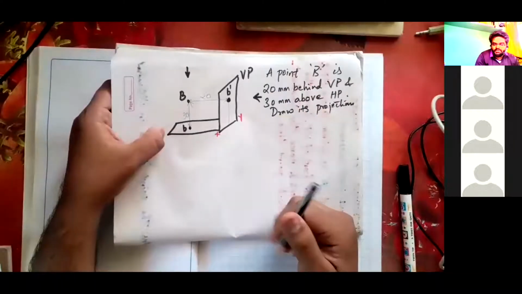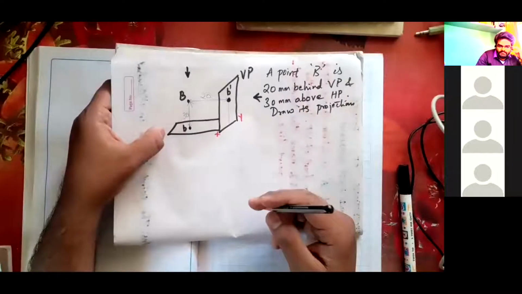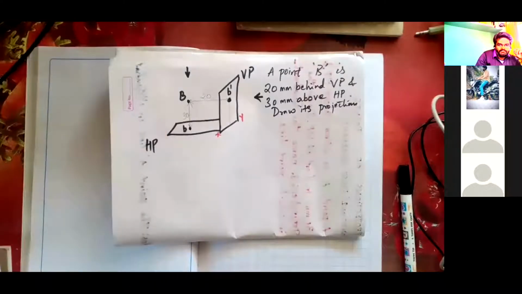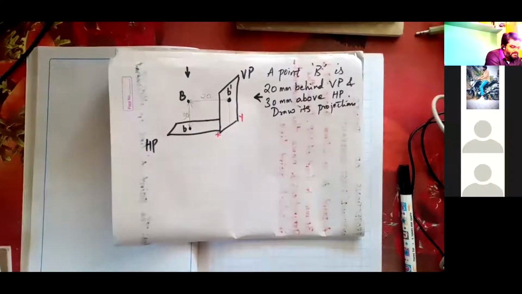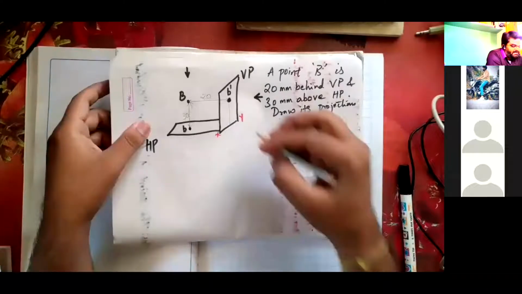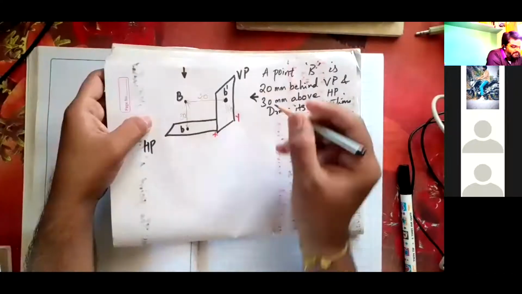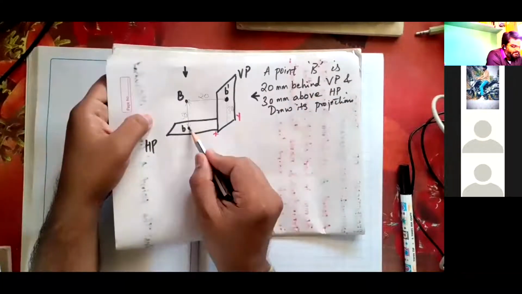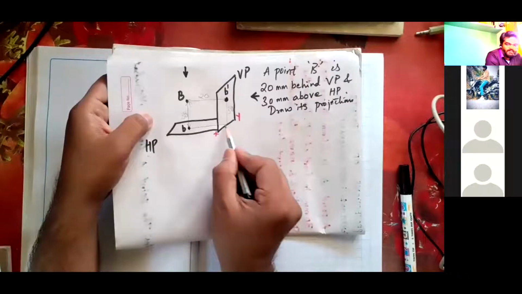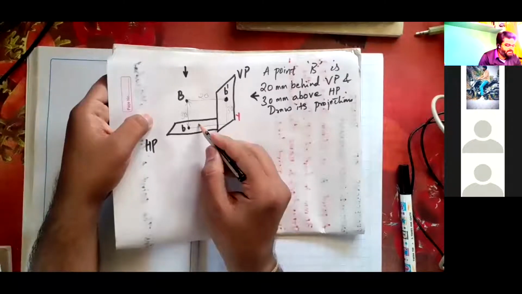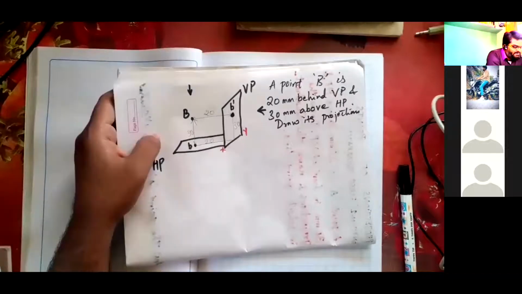Can anybody unmute and inform? 30 mm. Yes, 30. Similarly, how much is the distance of the top view from the XY line? 20 mm. I hope the video is clear and you're able to see it.